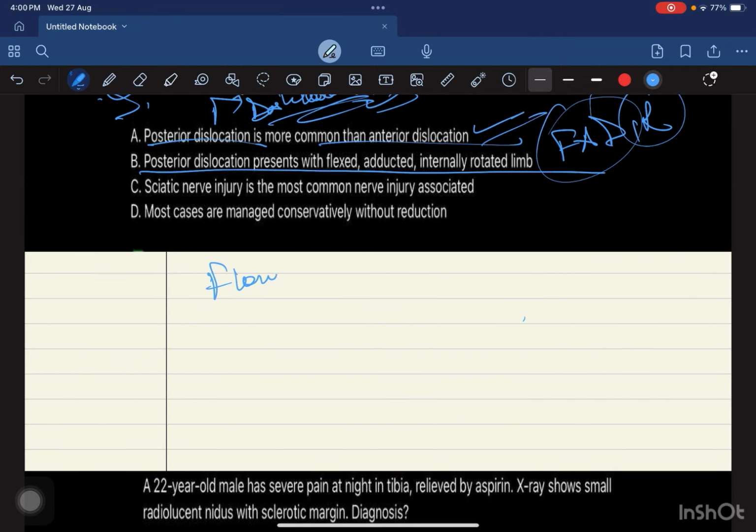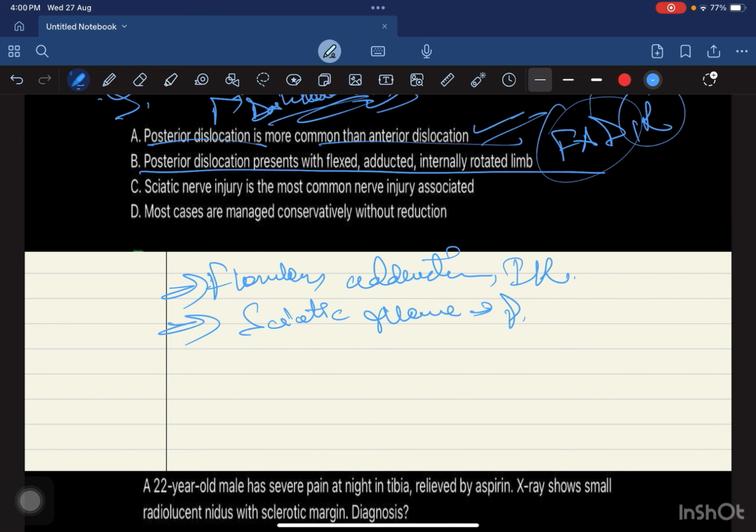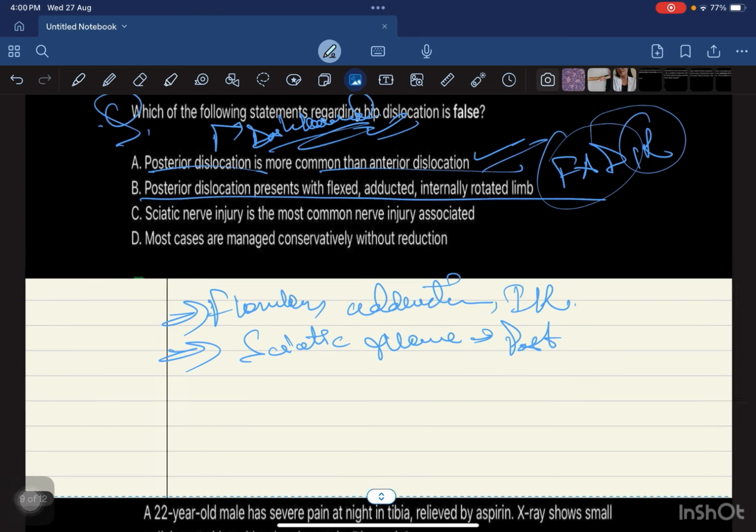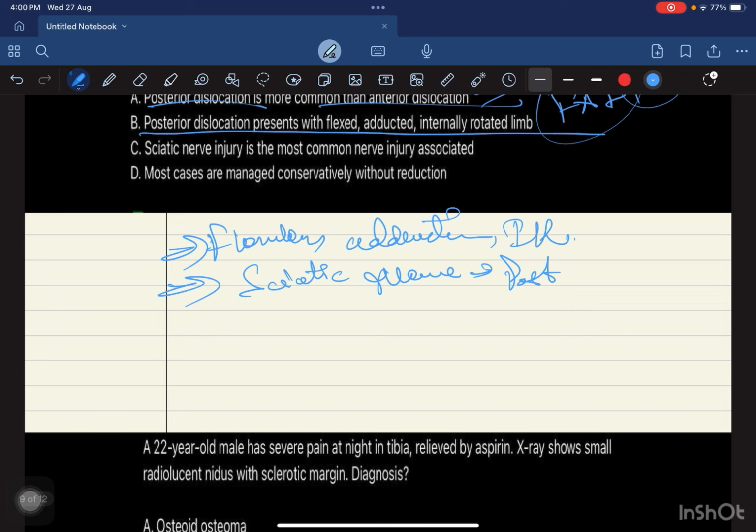So flexion, adduction, and internal rotation is for posterior dislocation of hip. Then sciatic nerve injury is more common in posterior hip dislocation. And the vascular injury, that is the femoral artery, is more common in anterior dislocation of hip.